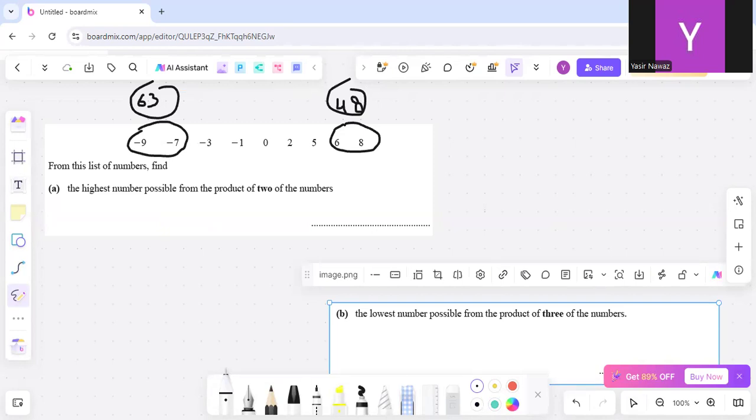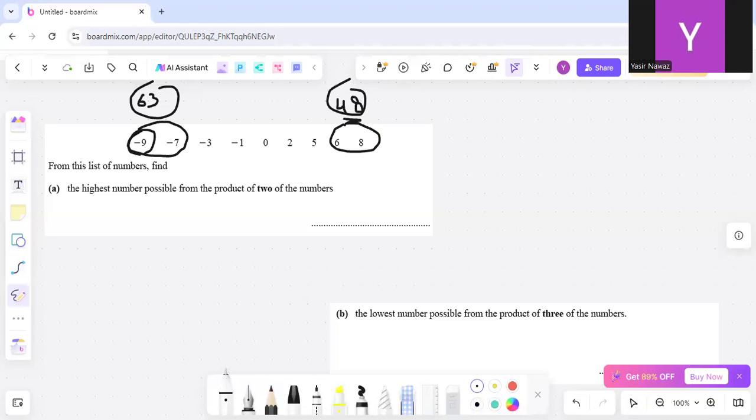So one number would be negative and the other two would be positive. If I multiply 48 with -9, it would be -432. So that would be a negative possibility, -432.